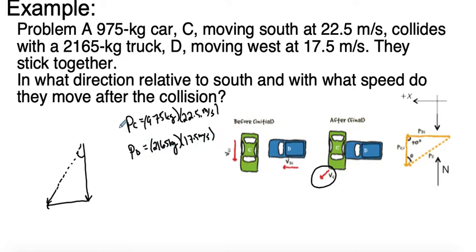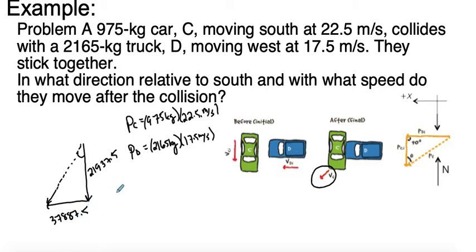All right, so car C is the one that's going south, and car D is the one that's going west. So car C, I'm just going to put it on a triangle right away here, has a momentum of 21,937.5, and car D has a momentum of 37,887.5.